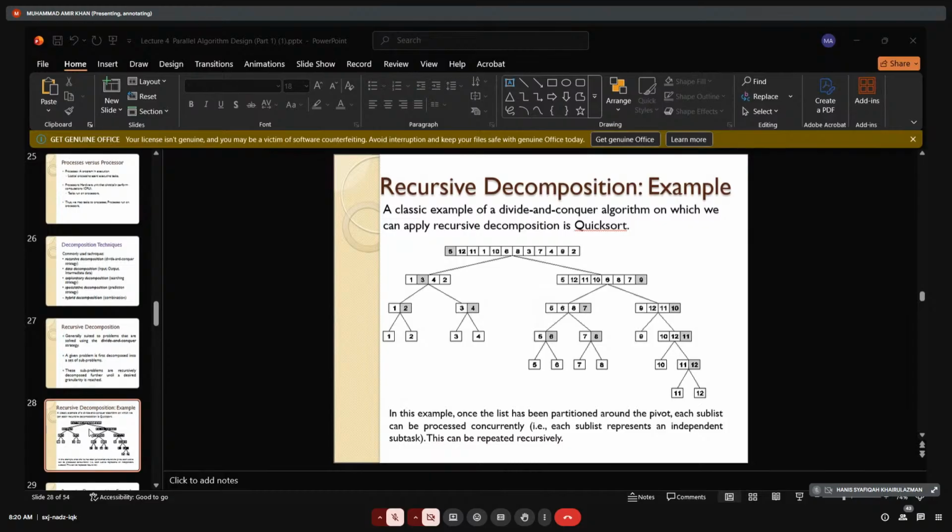For the right side, 5 6 8 7 6 9 12 11 10, it is split in the middle. For the left side, 5 6 8 7, it is split into two, and then split more into two, 5 6 and 7 8. For the right side, 9 12 11 10, it is split into 9 10 and 12 11, and then split again.